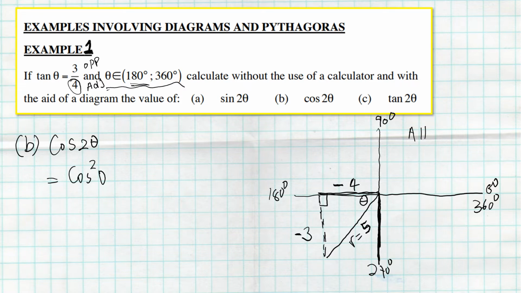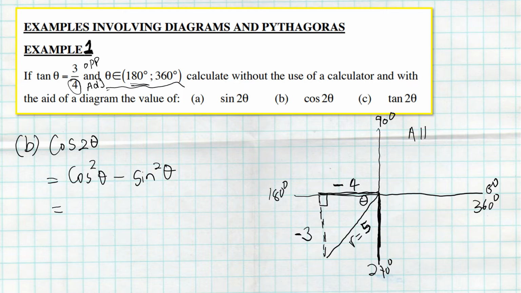Cos squared theta minus what? Sine squared what? Theta, right? Or you can write it as 2 cos squared theta minus 1, or someone can choose to say 1 minus 2 sine squared theta, because cos 2 theta can be changed into three identities, right?